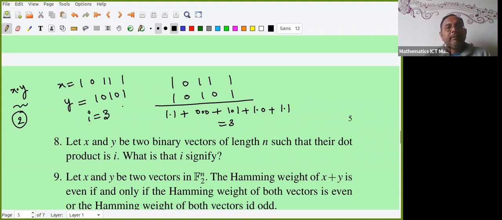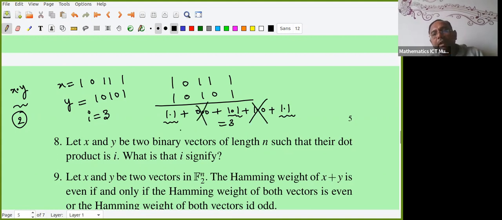Why do I get 3 here? Which ones are contributing 3 in this product? This is contributing, and this is contributing, right? Remaining are 0. So in general, how do you know? That is the question I am asking.